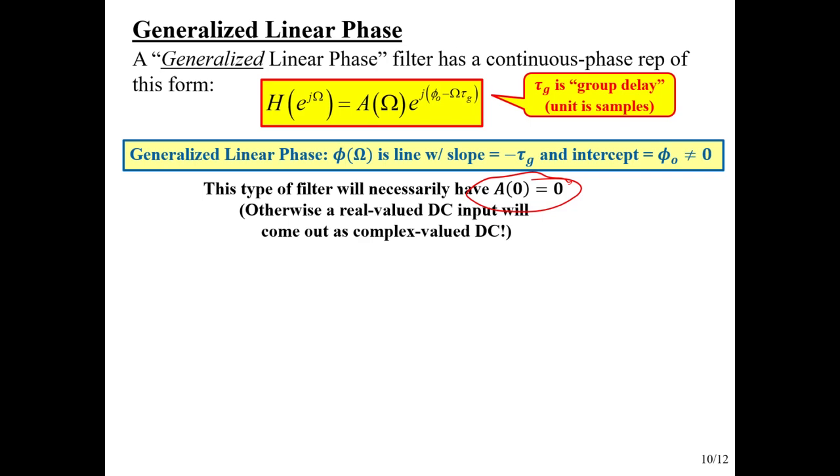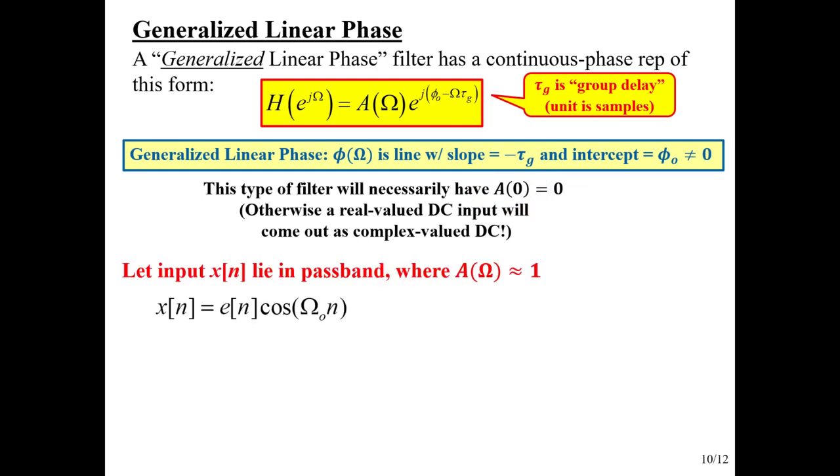And the reason that we need that is because if we put in a DC value into a filter where this is not true, then we're going to get a complex DC value out, and that's kind of a violation of a ground rule for the kinds of filters that we're talking about here. So let's think about what this is telling us. So remember, for the phase delay, we looked at a sinusoid where this was a constant out in front.